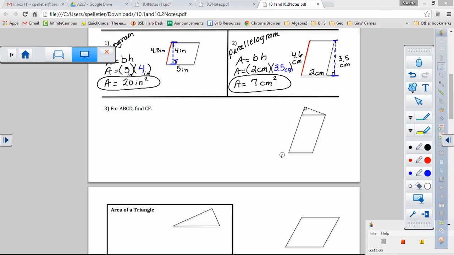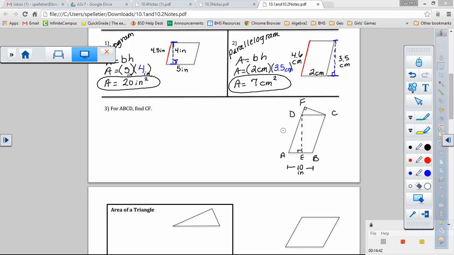We have A, B, C, D. This corner is F. And then we have to draw in this altitude. And we're going to call this segment E. And I'm going to tell you that the bottom is 10 inches. So that segment AB is 10 inches long.